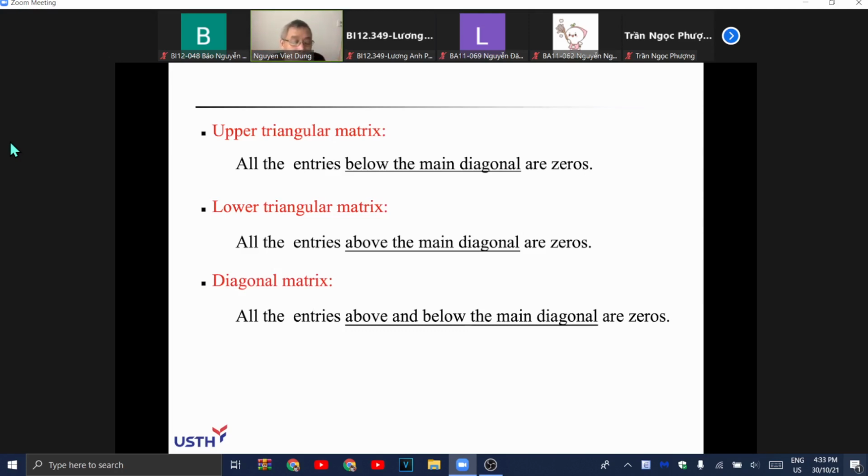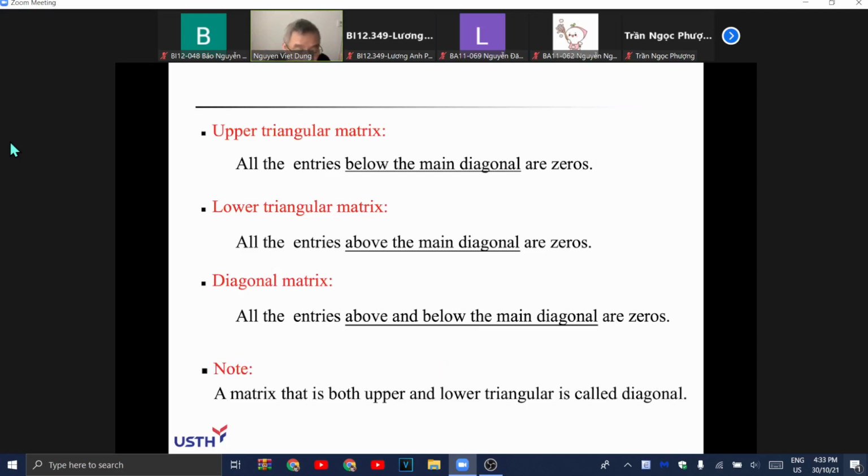And here we can apply it with the upper triangular matrix and lower triangular matrix. We get the same thing. It is upper and lower triangular at the same time. So the observation is: a matrix that is both upper and lower triangular is diagonal.